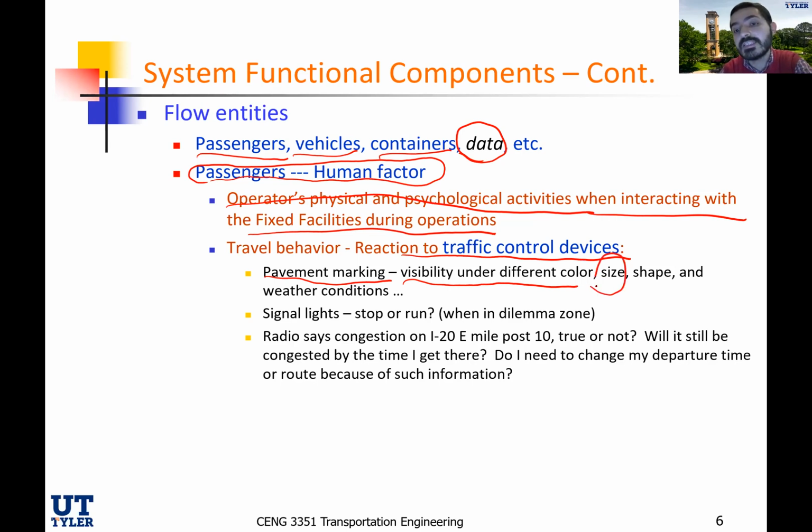We use different sizes of the markings. We use different shapes. And also, how can we deal with different weather conditions? All of these are human factors and weather conditions that we have to consider while we're designing any transportation facility. Signal lights, whether to stop or run.